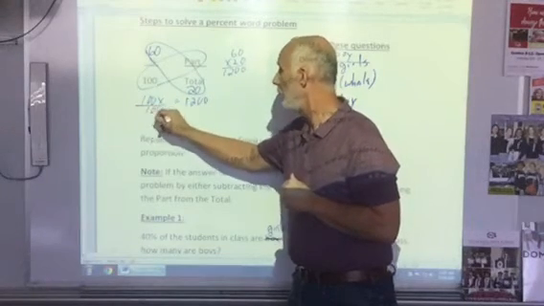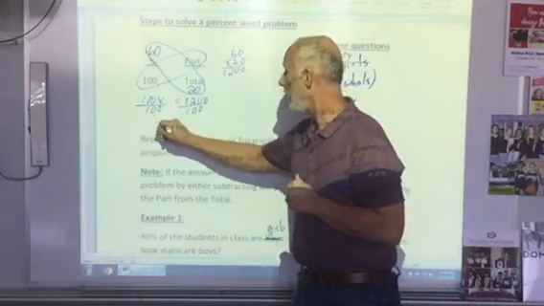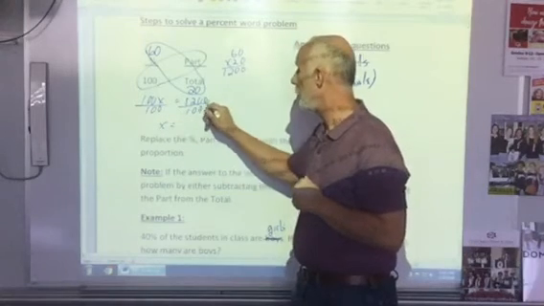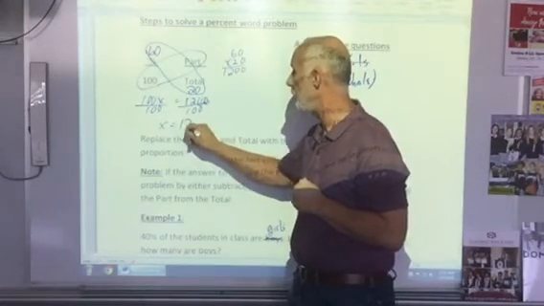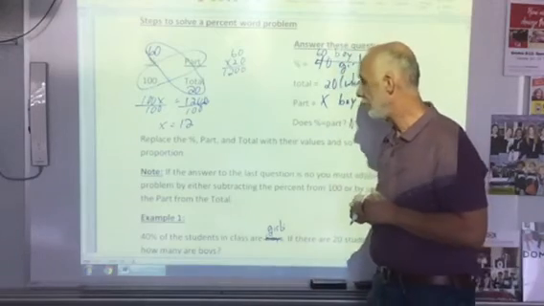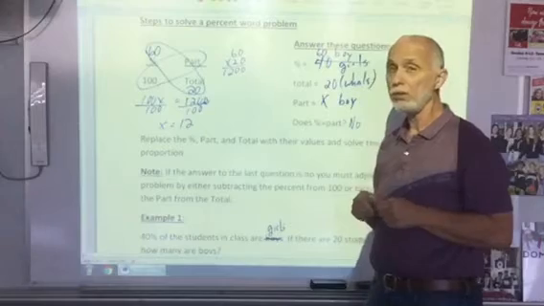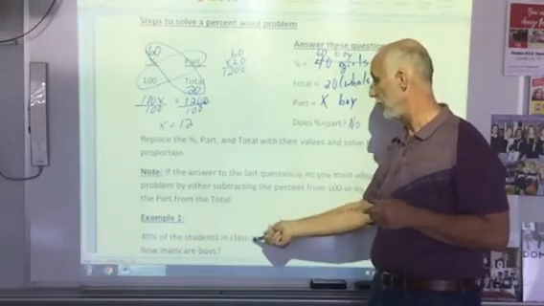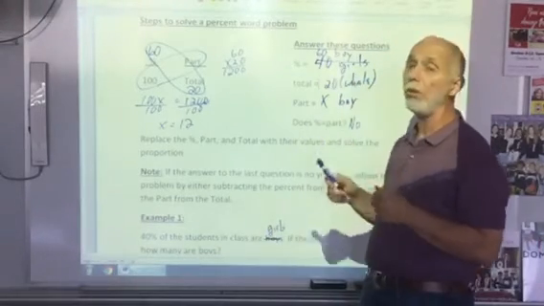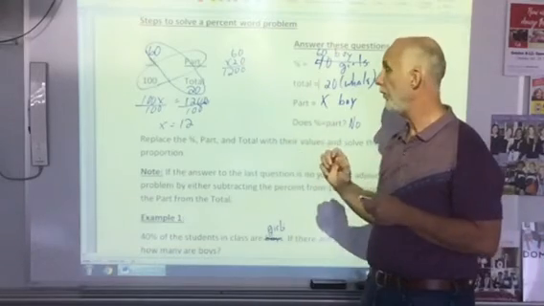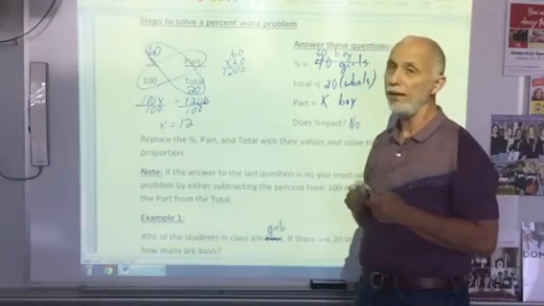Divide by 100 on both sides, and X comes out to equal 12 because I just moved the decimal 2 places to the left. And does it make sense now that there would be more boys than girls? Yeah, because if they're 40% girls, that means 60% are boys, which is a little more than half, and 12 is a little more than half.